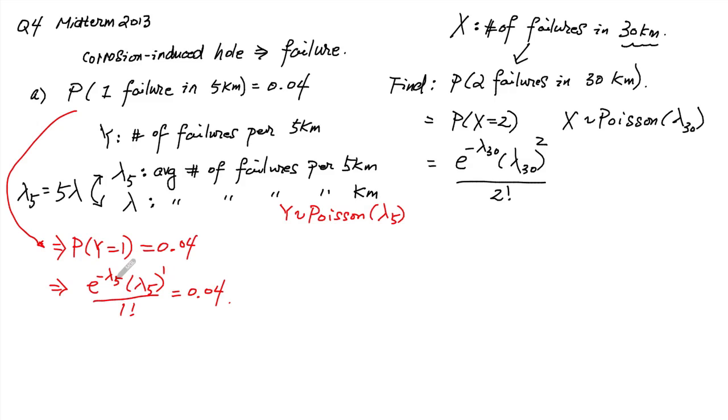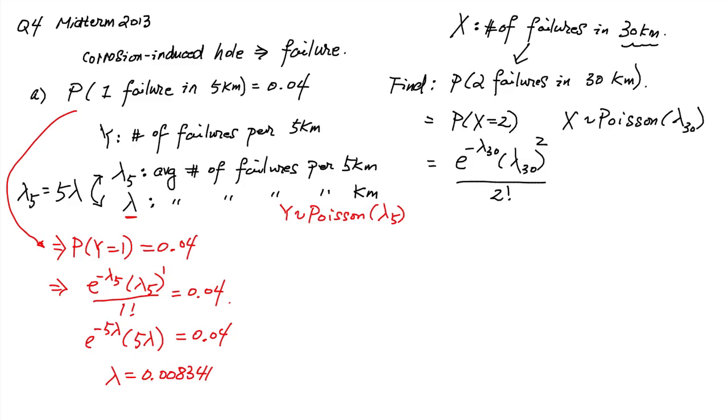Before solving it, I've re-expressed lambda 5 in terms of lambda, which is the average number of failures per kilometer. Solving for this lambda using an iterative approach, I get 0.008341.